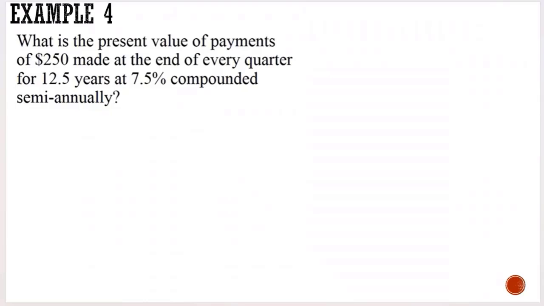It says, what is the present value? It's looking for the present value. They're already telling you of the payments. Don't worry about the pounds or the rands, just look at the value. So your R here is equal to 250, made at the end of every quarter.